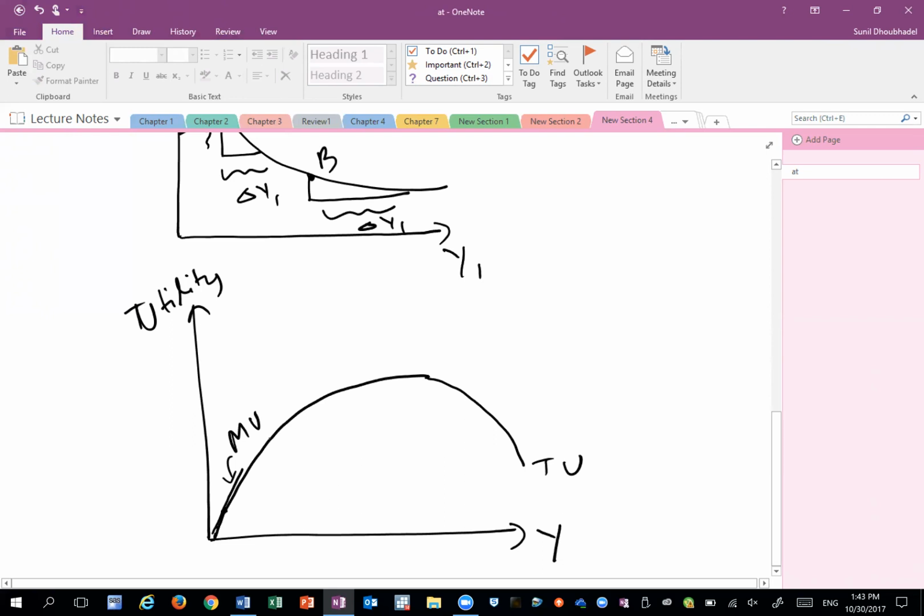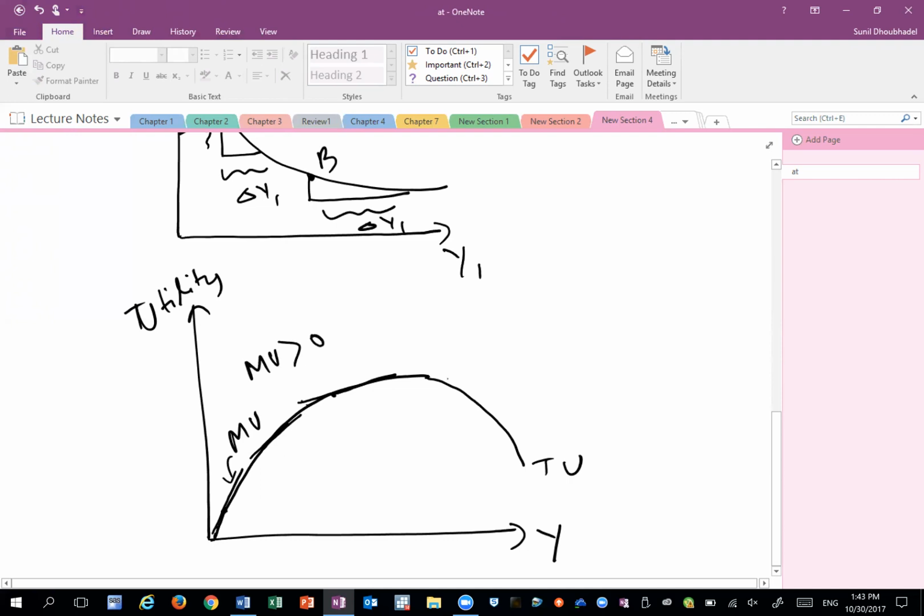So look at here, there's a higher slope here, right? As you go along that total utility curve, what is happening with the slope? The slope is actually decreasing, meaning that the value of marginal utility is decreasing. If you calculate with numbers, you will see that marginal utility would be decreasing, but still total utility is increasing, right? So it is decreasing, but still marginal utility is positive.